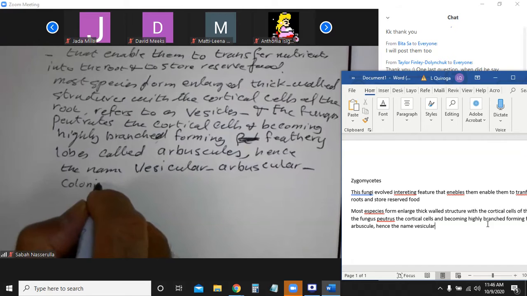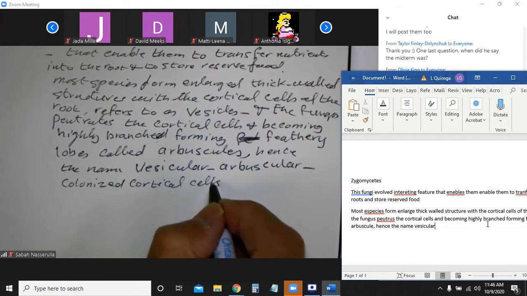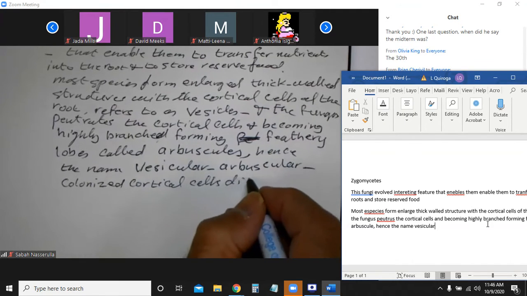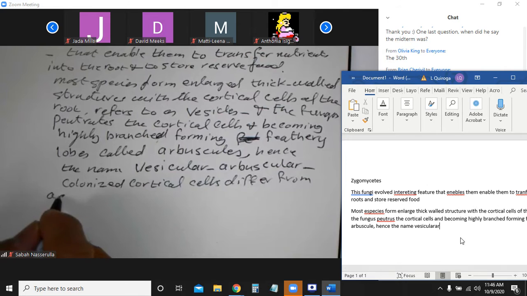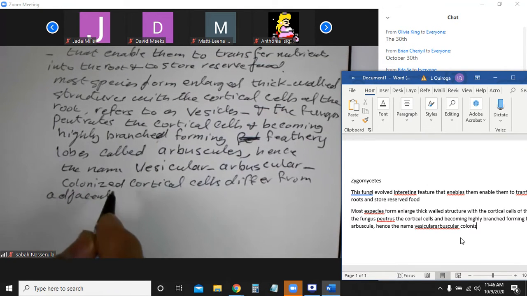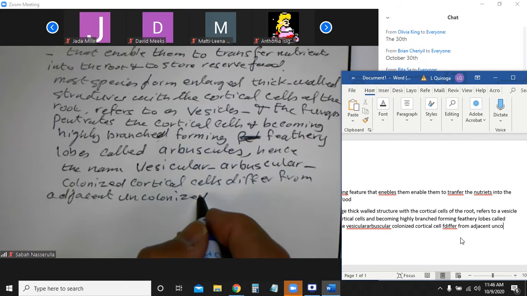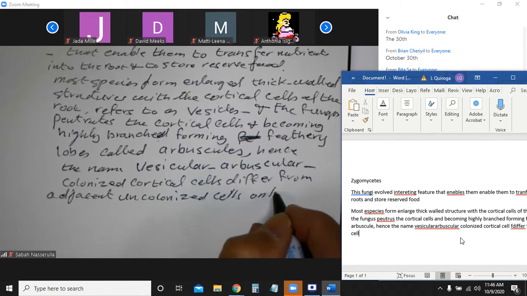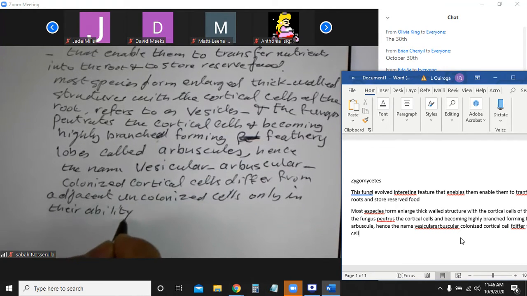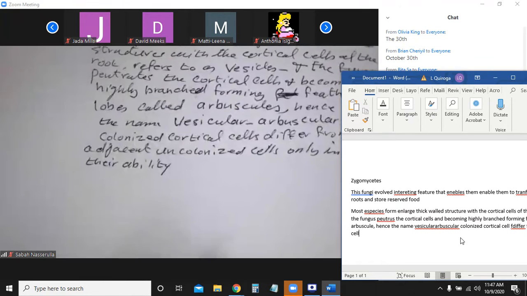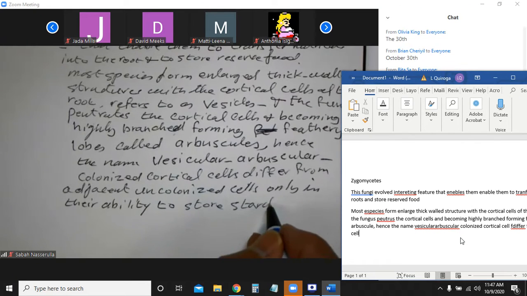Colonized cortical cells differ from the adjacent, non-colonized cells in their ability to store starch.